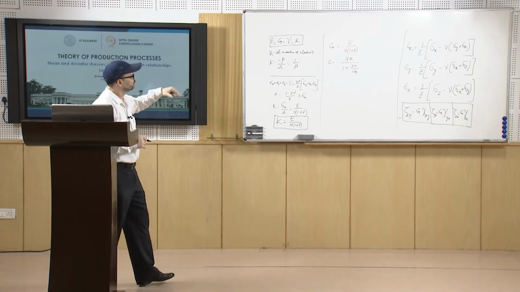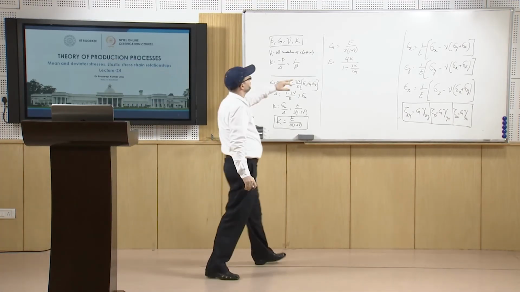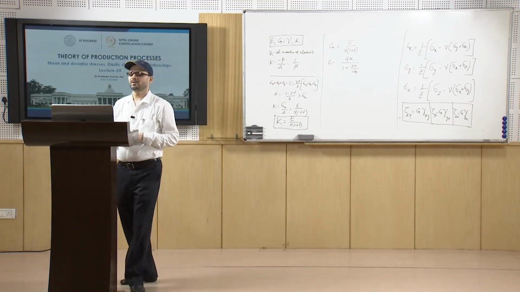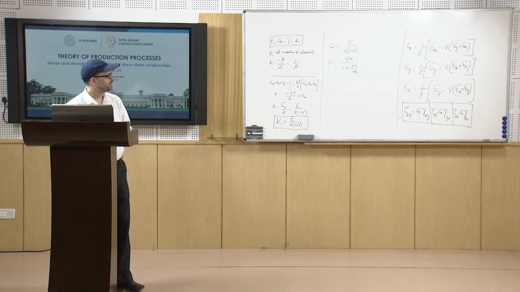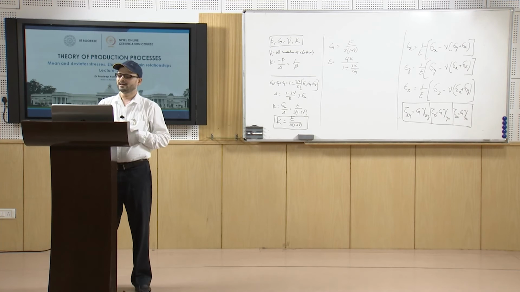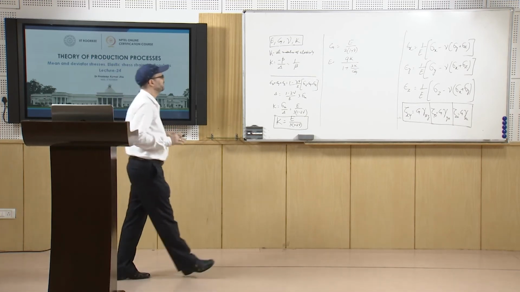So if you know some of the constants, you can find the others. You will have another expression: nu will be equal to (1 minus 2G by 3K) divided by (2 plus 2G by 3K).